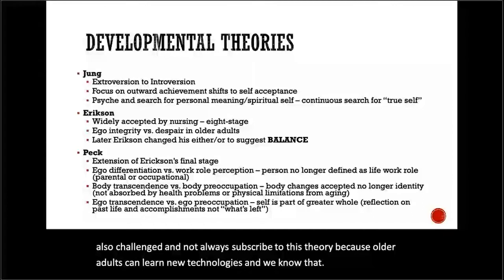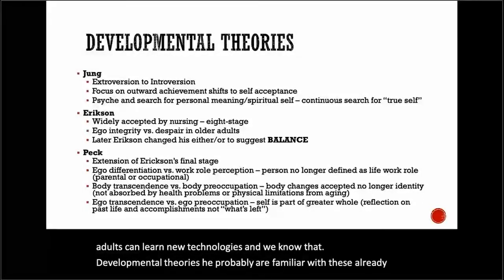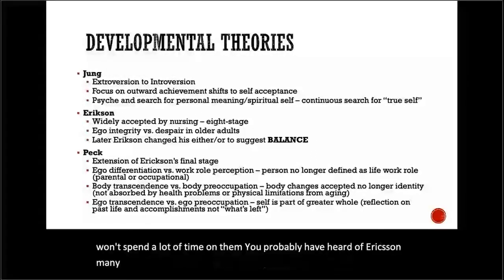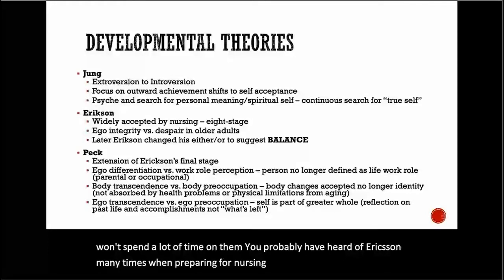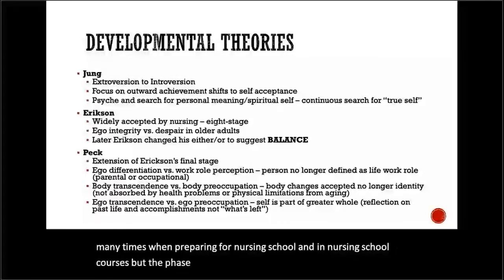Developmental theories, you probably are familiar with these already. I won't spend a lot of time on them. You probably have heard of Erikson many times when preparing for nursing school and in nursing school courses. But the phase of Erikson's theory that mentions older adults is ego integrity versus despair.